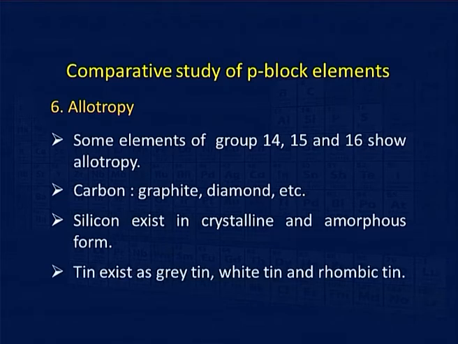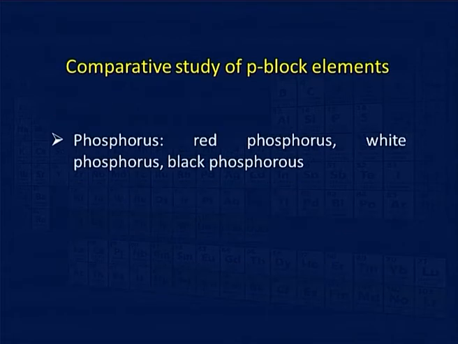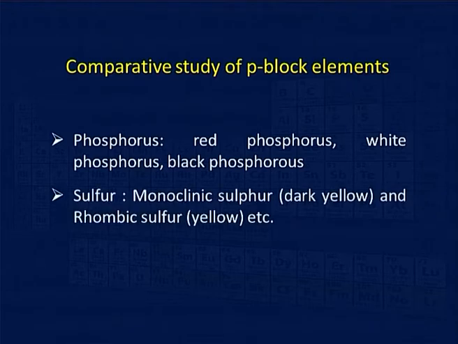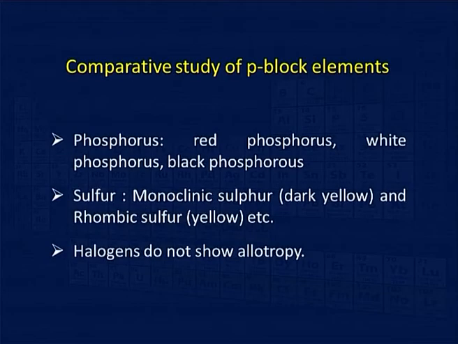Tin exists as grey tin, white tin and rhombic tin. Phosphorus exists as red phosphorus, white phosphorus and black phosphorus. Sulfur exists as monoclinic sulfur, which has a dark yellow color, and rhombic sulfur, having a yellow color. These are the dominating allotropes of sulfur, but the halogens do not show such allotropic property.